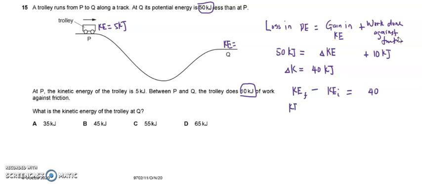So the kinetic energy final minus 5 equals 40. Therefore, the kinetic energy final is 45, which is the kinetic energy at point Q. So the answer is B.